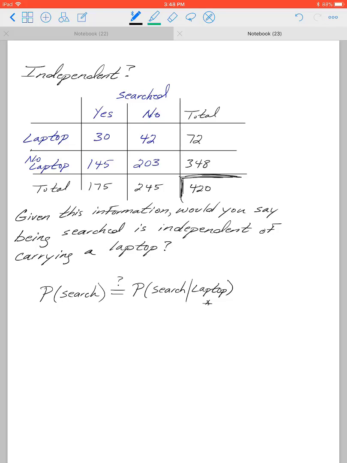Given laptop means I need to focus only on laptops. That's my total focus. Given laptop, I am stuck here. I can't look anywhere else in the picture. Nothing else matters right now. Literally just look at the part inside this little box I just drew. Within that, there were 30 out of 72 searched.